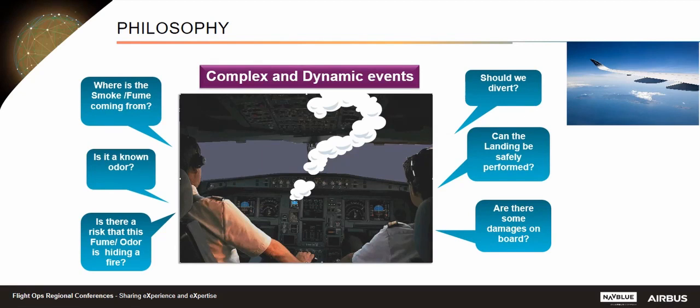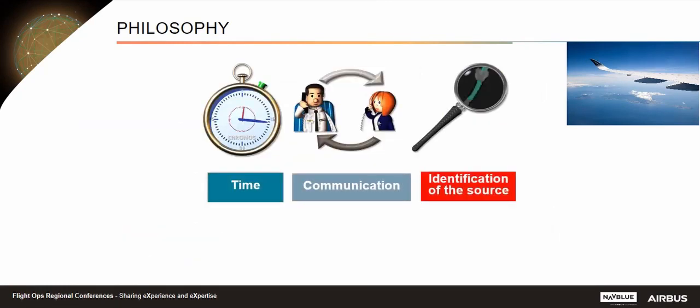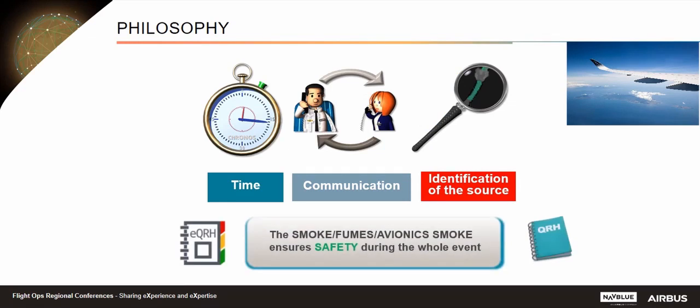And also dynamic event because sometimes the situation may escalate quite quickly if some key actions are not taken early enough. That's the reason why, in case of any smoke-related event, you will have to face these three challenges: the time, the communication, and also the identification of the source. And we have designed our smoke procedure so that it tackles these three main challenges.